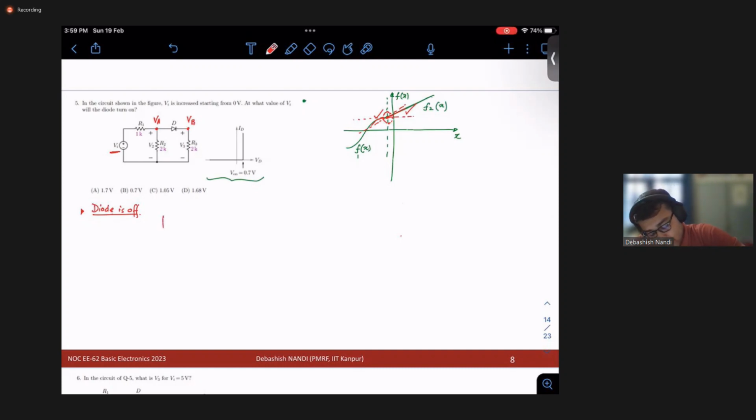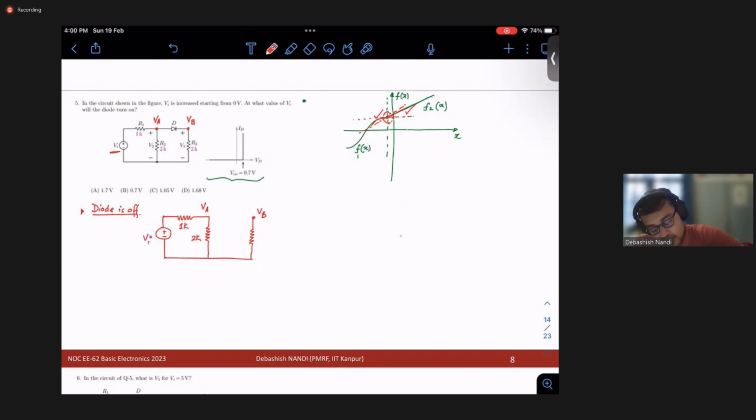When my diode is off, my circuit becomes simply this: this is your VB, this is your VA, this is 2K, this is 1K, this is your VI.